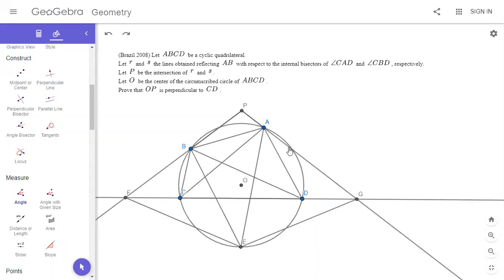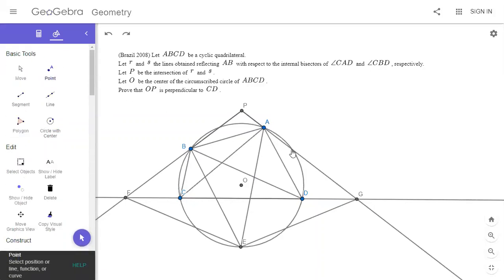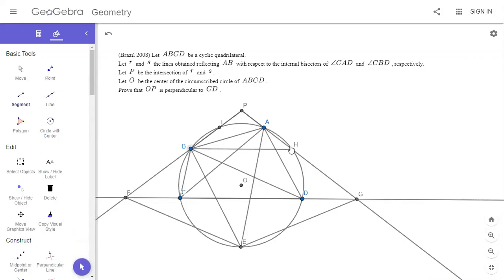So basically, yeah, BH is parallel to CD, and AI is also parallel to CD. These are all parallel. So yeah, I think that solves the problem.